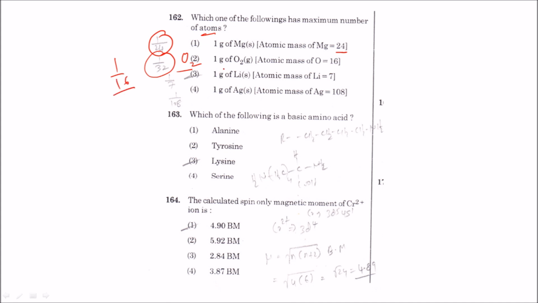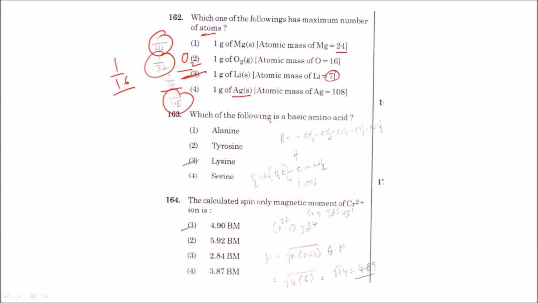The next one is 1 by 7 for lithium, atomic mass is 7, so number of moles is 1 by 7. Then Ag, that's 1 by 108. Now if you see the fractions, it is very clear that the one having the highest number of moles is 1 gram of lithium, and that will have the maximum number of atoms. So the right answer for this is the third one, 1 gram of lithium.